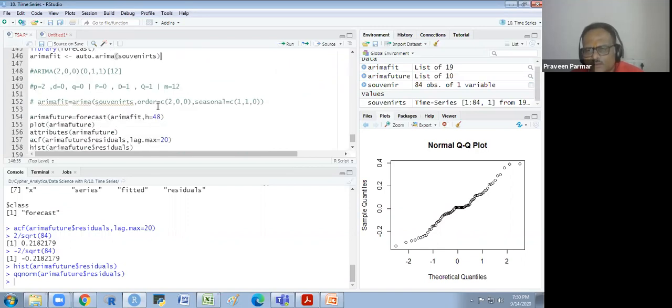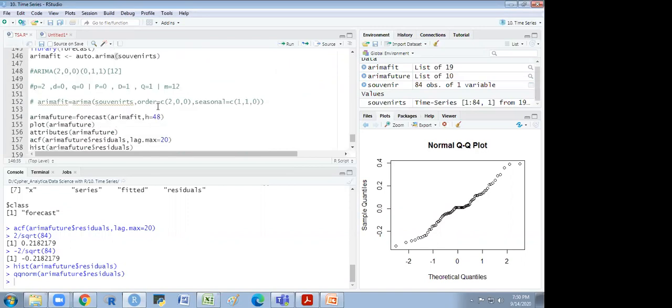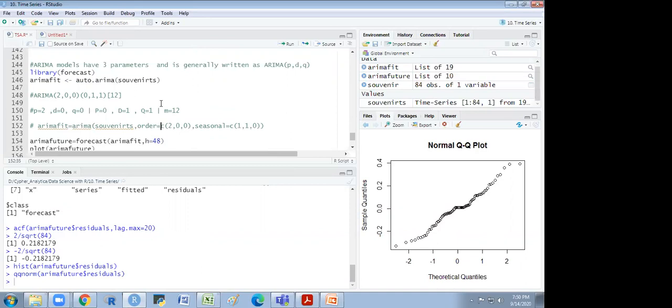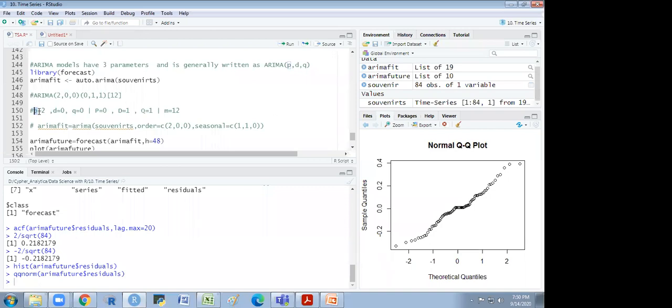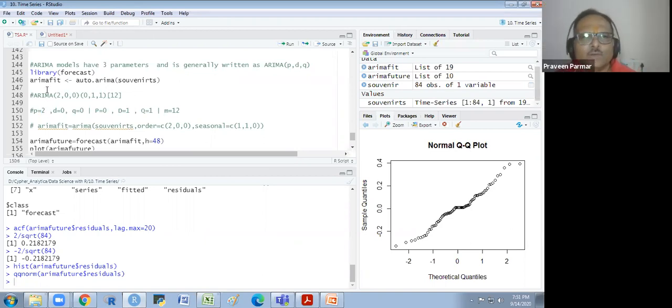That's very technical. Just one question. What model has auto ARIMA fixed here? What is the value of PDQ? P is the order of our auto regression. Which value has it chosen for this model? 2, it has 200.